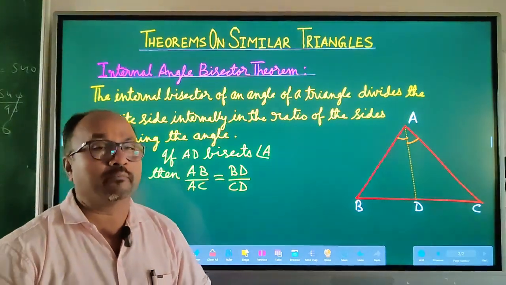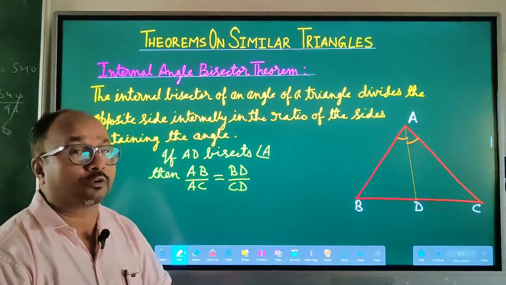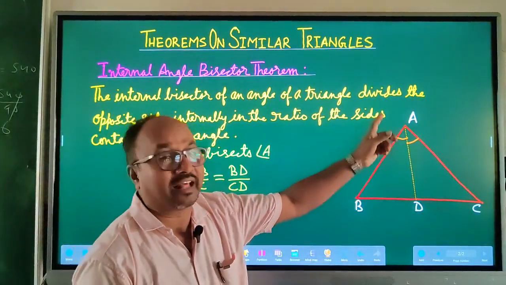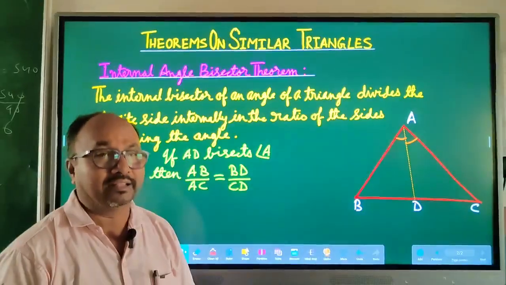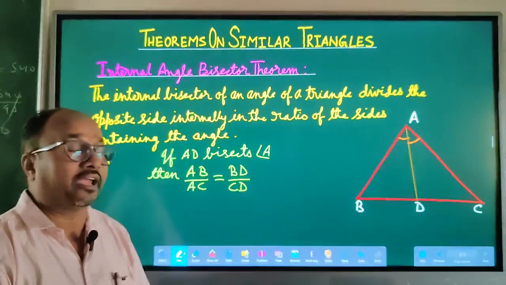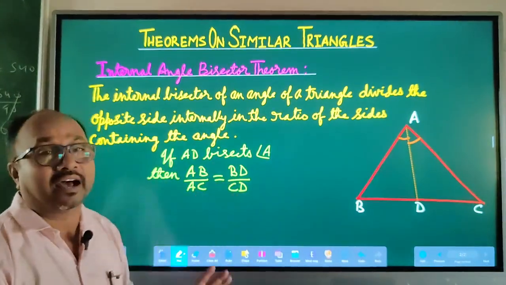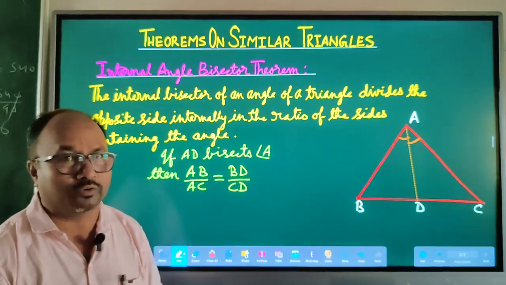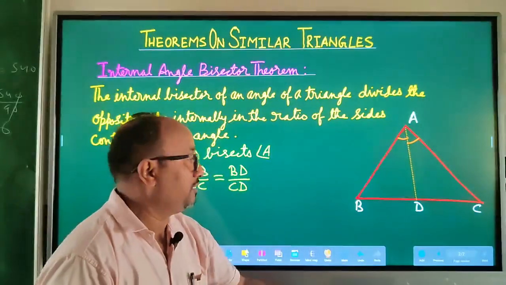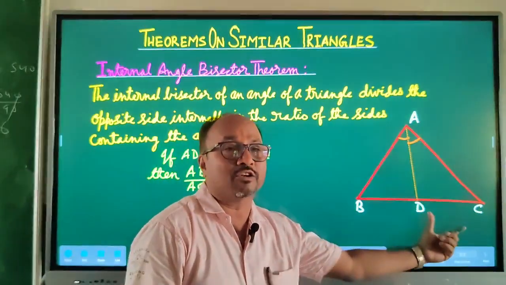So how do you come to know that you will require this theorem? Try to see in the sum, are you provided with an angle bisector? And then if the measurement of the sides is asked. So if one of these sides is asked, the remaining three will be given to you. So think now AB is given, AC is given and BD is given but CD is not provided.